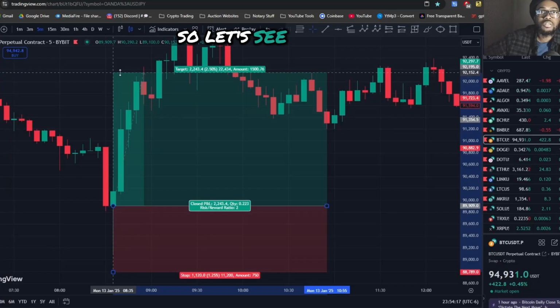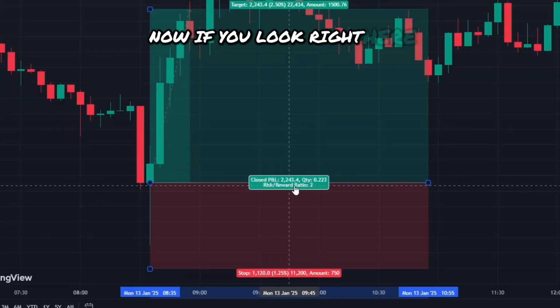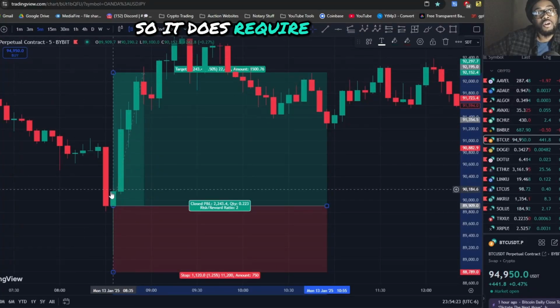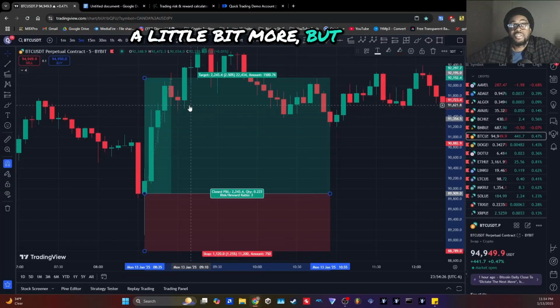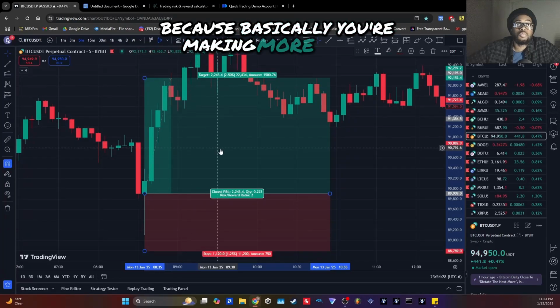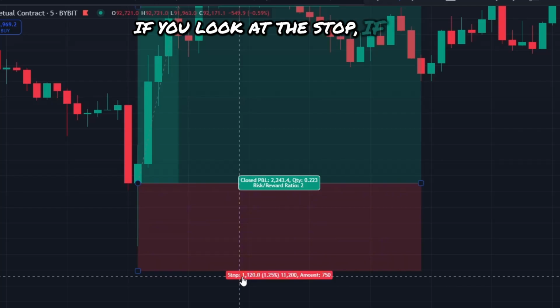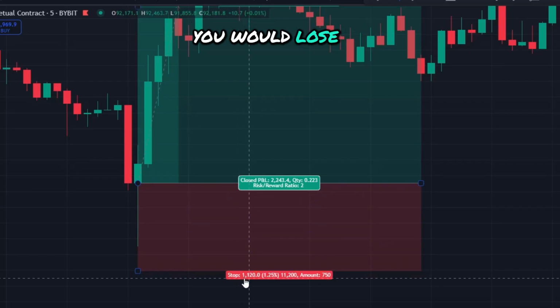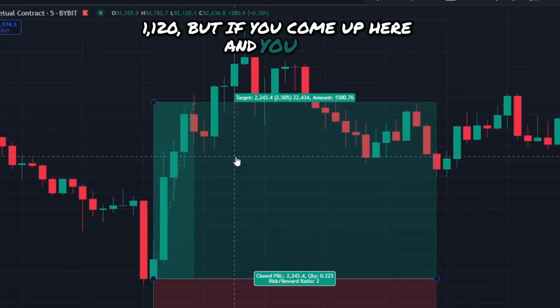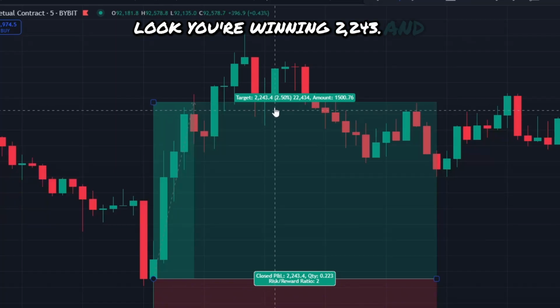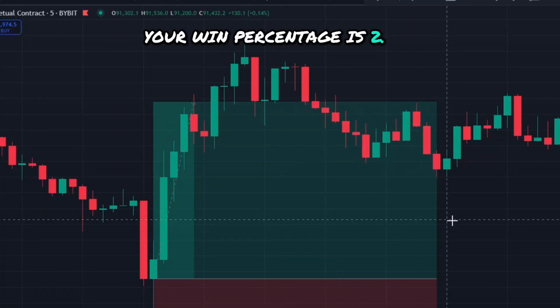So let's see. Okay, see, now if you look right here, the risk to reward ratio is 2. So it does require you to stay in the trade a little bit more, but it's good because basically you're making more money. So if you look at the stop loss right here, if you were to lose, you would lose 1,120. But if you come up here and you win, look, you're winning 2,243, and then your win percentage is 2.50%.